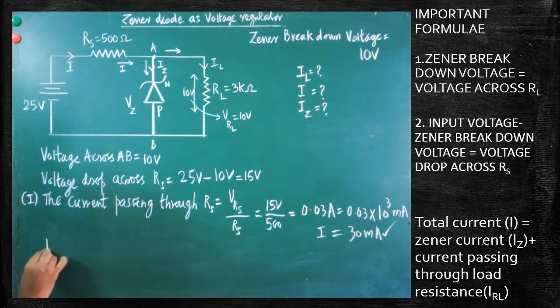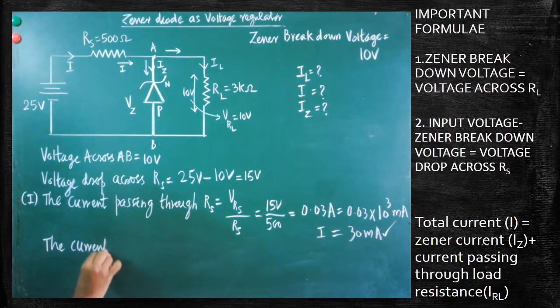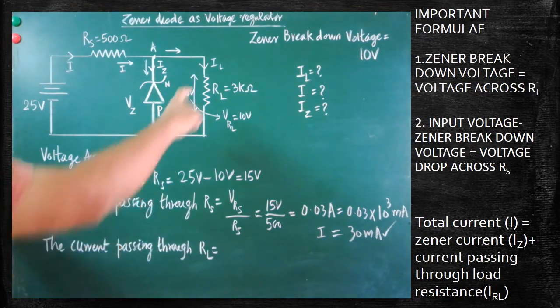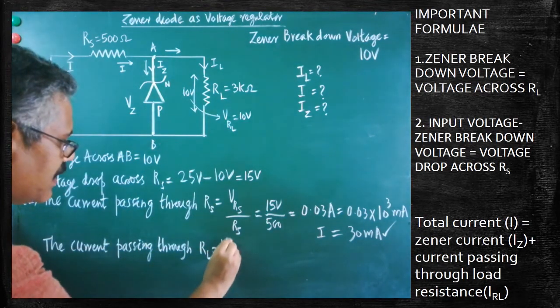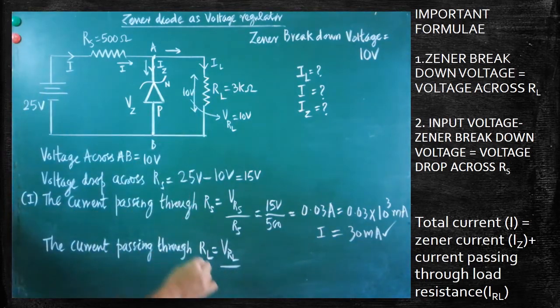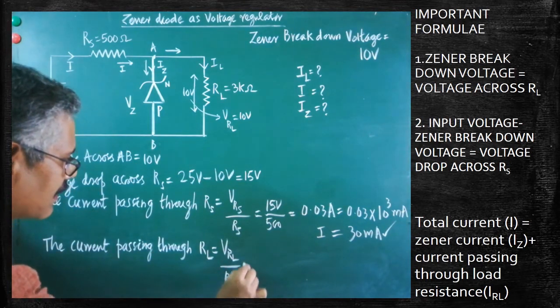We have to write the sentence: current passing through RL. So what is output here? That should be named VRL, the voltage across the load resistance, divided by the load resistance RL.